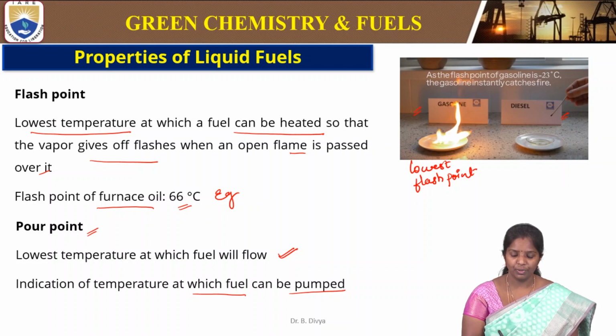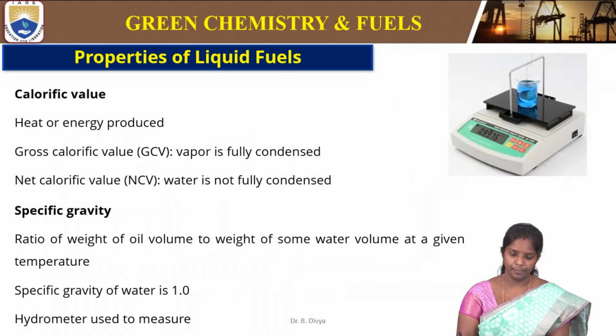Even during petroleum mining, steam is sent underground to push the oil out for pumping into the tankers. So we have to know the pour point before mining or for applications.